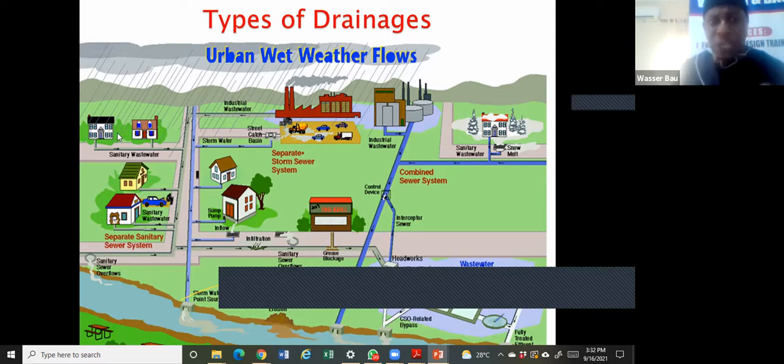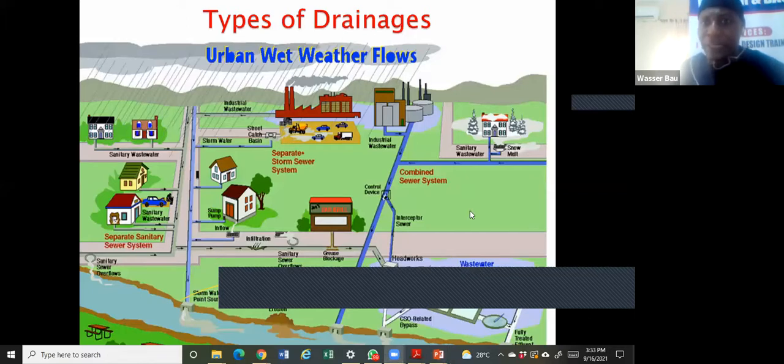It collects wastewater from houses, from septic tanks, from bedrooms, from toilets, from washing, from grey water, all that. It will then transport it directly into a headwork and then a wastewater treatment plant.